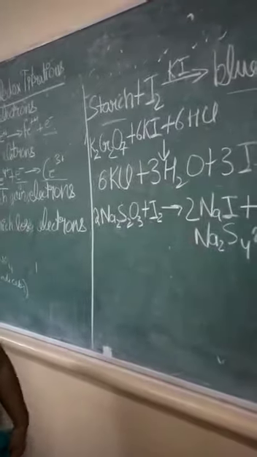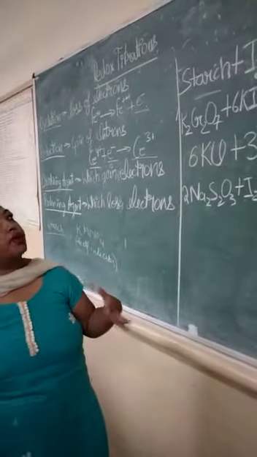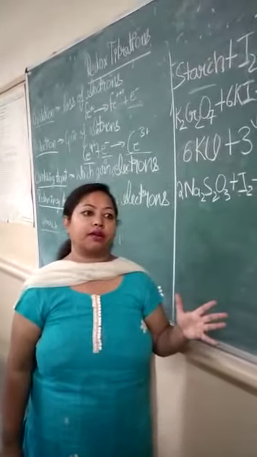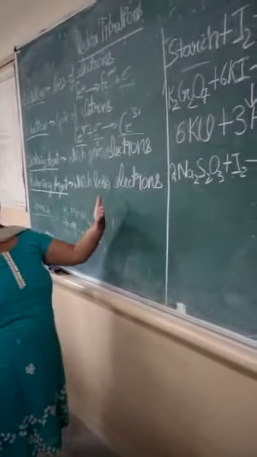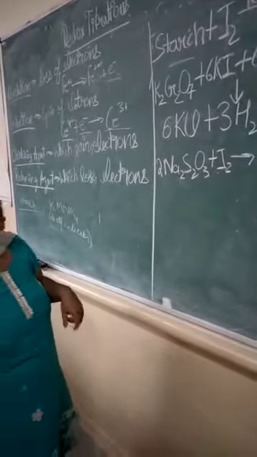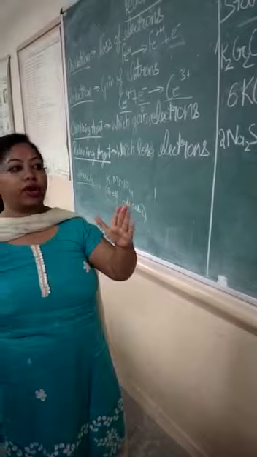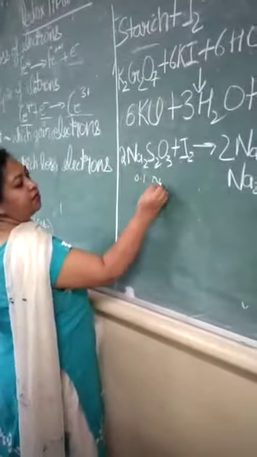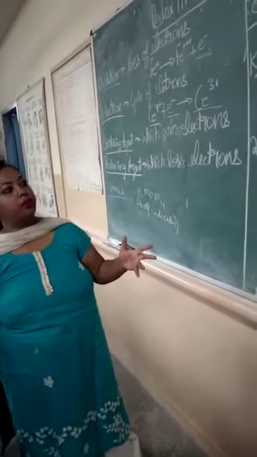You have already seen in various experiments that whenever we add starch and iodine, we always get blue color. Right? In this standardization, we are taking sodium thiosulfate in the burette because its normality is already known to us, which is 0.1 normal.